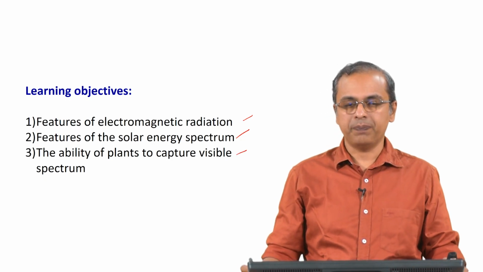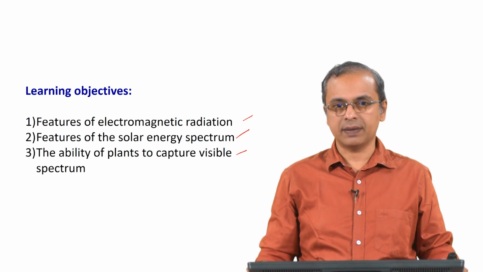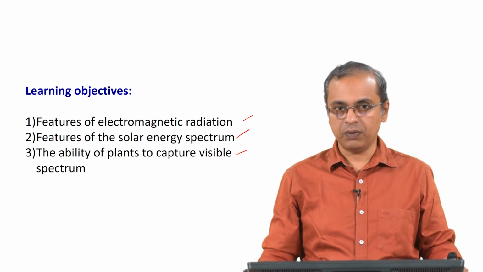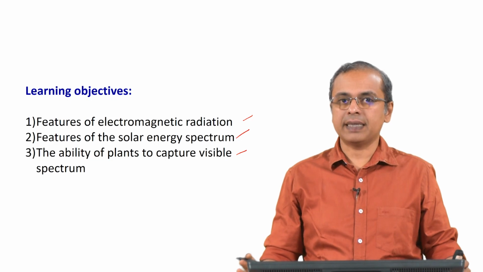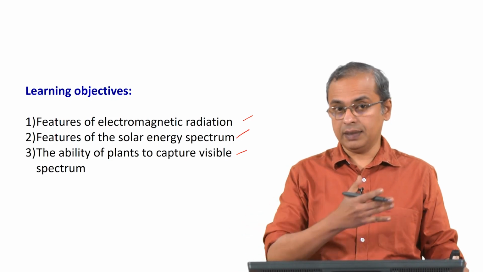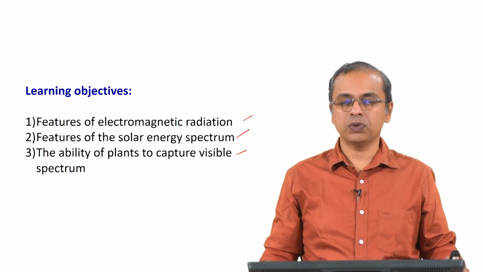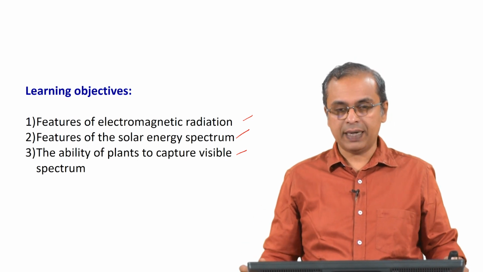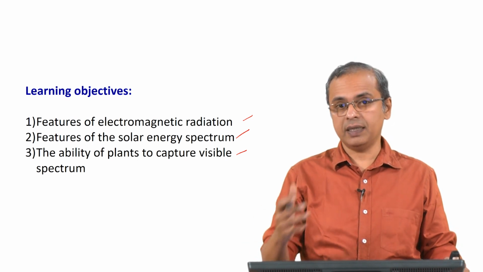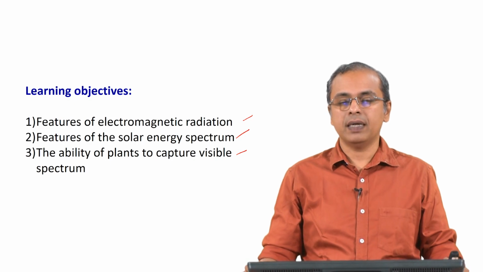So, broadly in this context we will discuss the contents that we will look at in this class: the electromagnetic spectrum in general, at least the range of spectrum that we are used to, and where the solar energy spectrum, especially the visible spectrum, shows up.